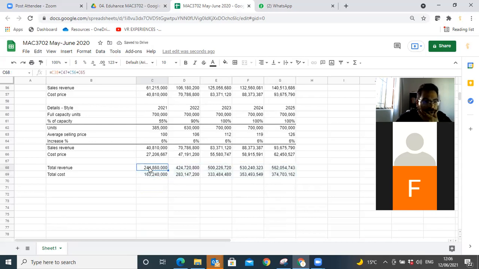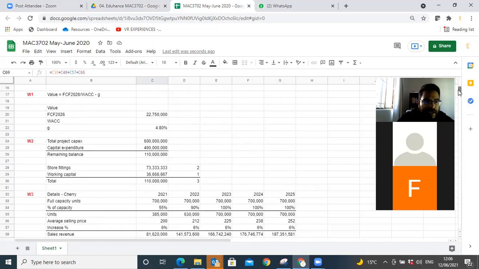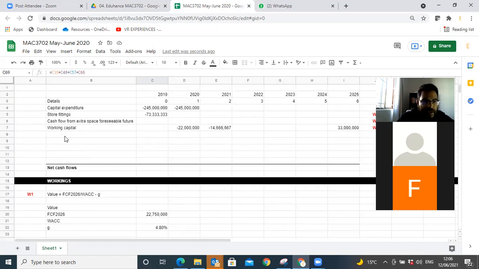So this is going to be C68 and C69. It is sales, and cost of sales or manufacturing costs.